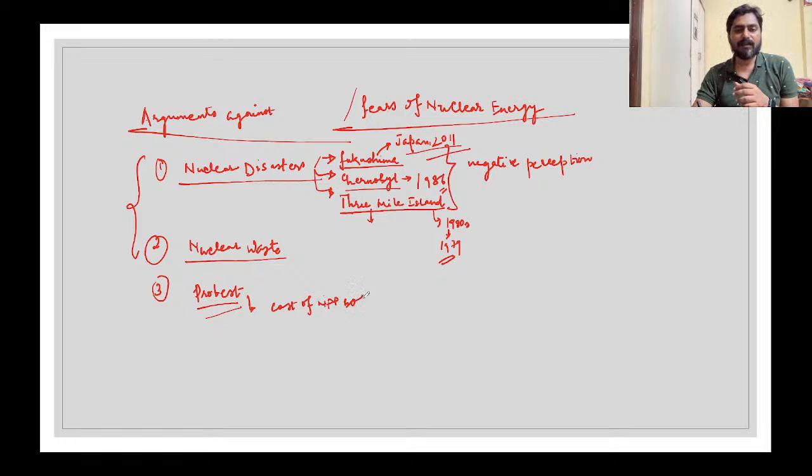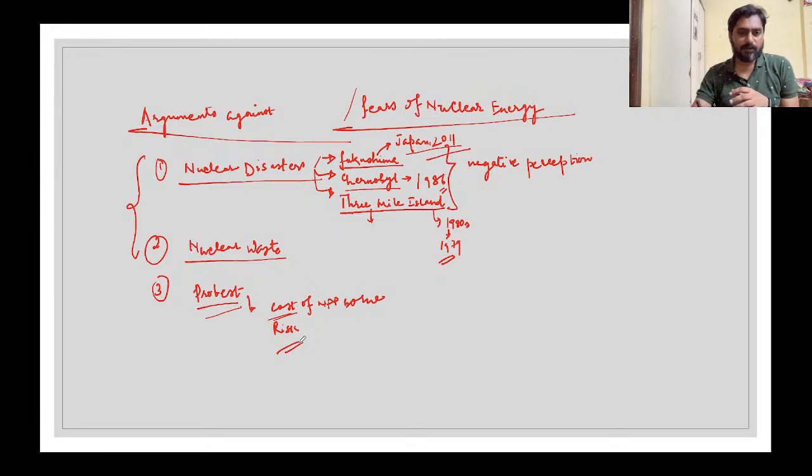In case of nuclear disasters, they are the ones who will suffer the most, so they are not willing to give their land to set up nuclear power plants because of these fears.